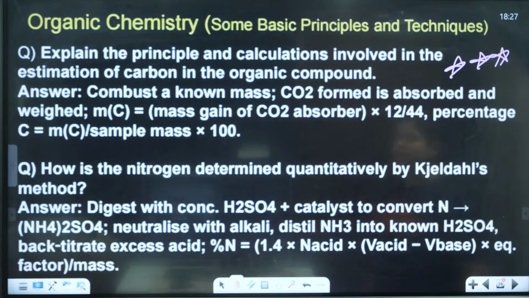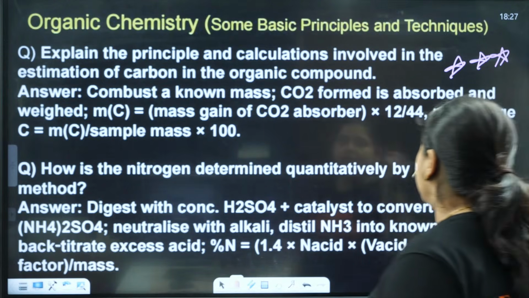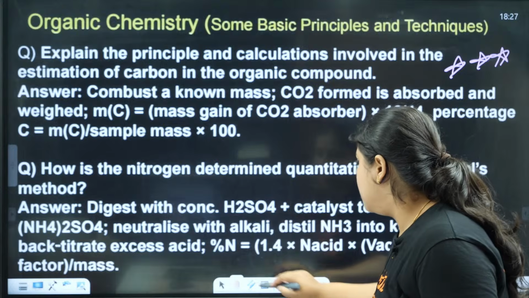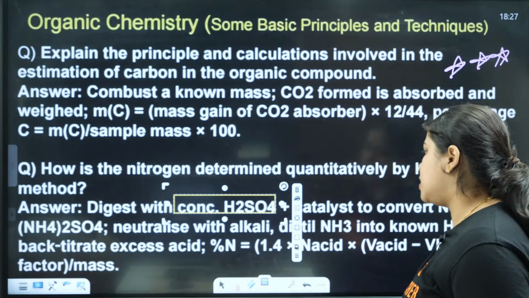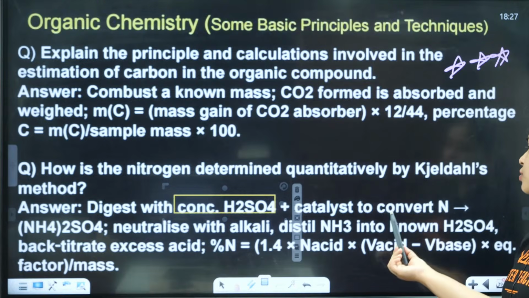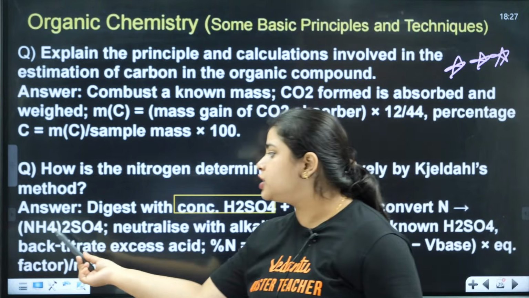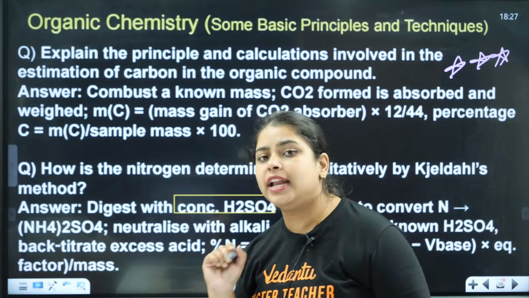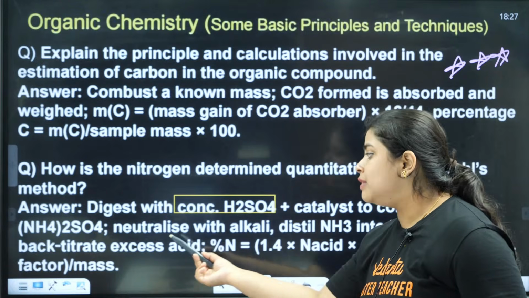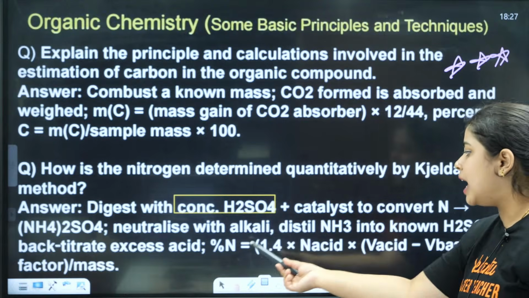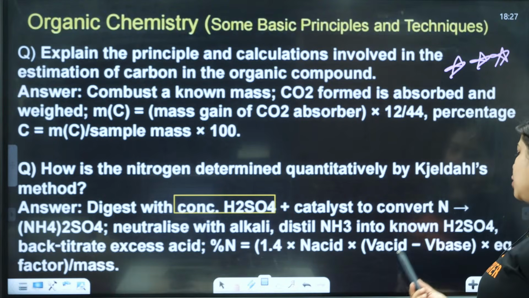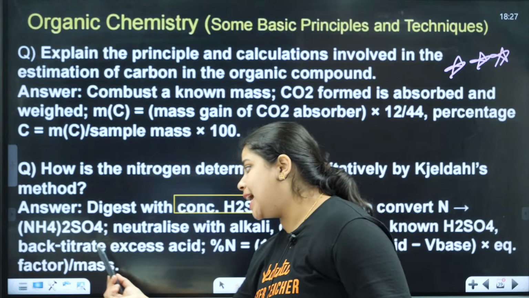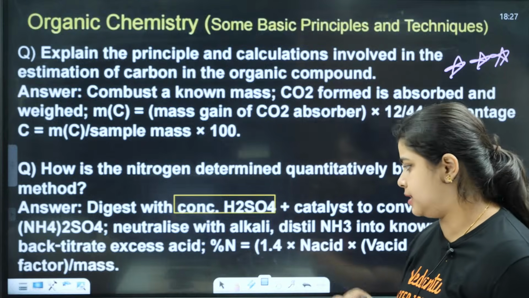Okay. How is nitrogen determined quantitatively by Kjeldahl's method? Digest with concentrated H2SO4 plus a catalyst to convert the nitrogen to (NH4)2SO4. Then neutralize it with alkali and distill the NH3 into a known volume of H2SO4. The excess acid is back titrated.